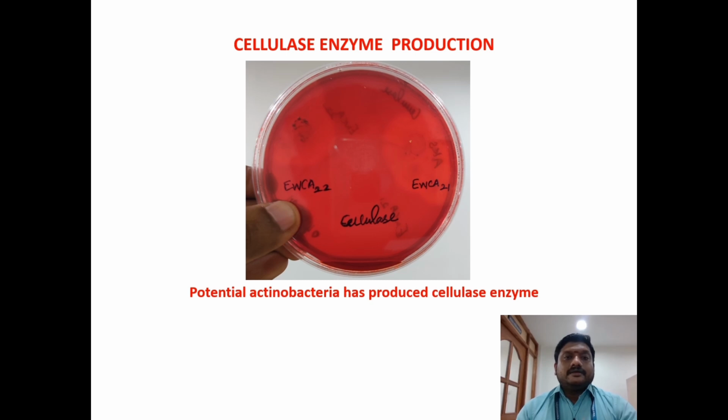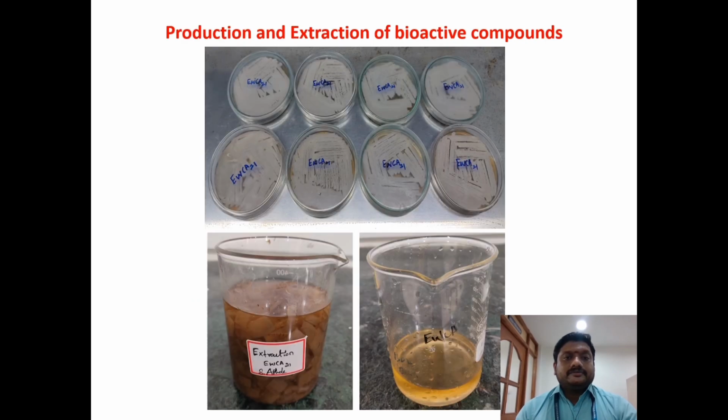These are all the standard methods we have followed. We also did the production and extraction of bioactive compounds from the potential strain EWCA21 using the solvent ethyl acetate. We optimized the solvent extraction, and ethyl acetate showed the better extraction.